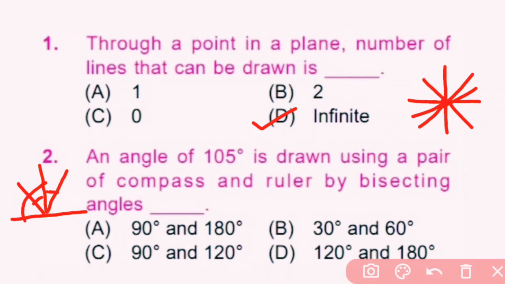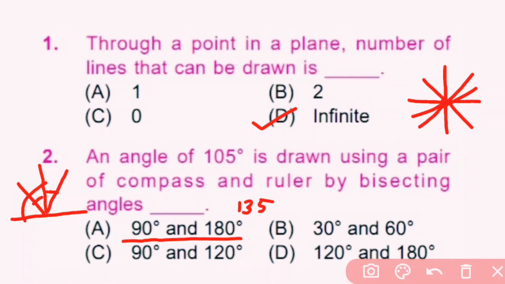So for that we first add the given angle and their addition we divide by 2. So here in option A, 90 plus 180 is 270 and 270 divided by 2 is 135.